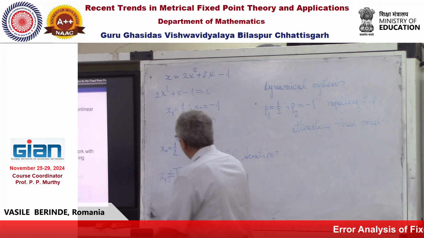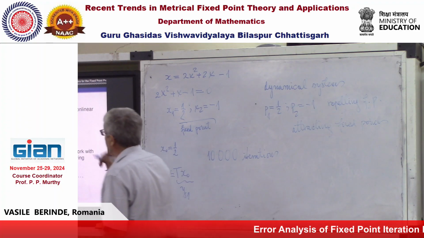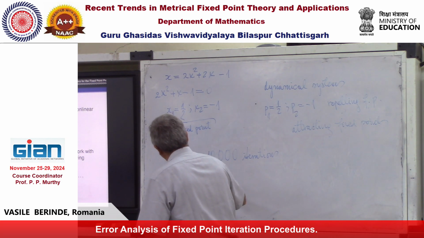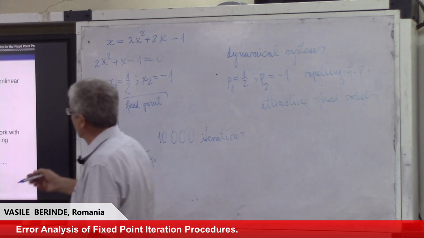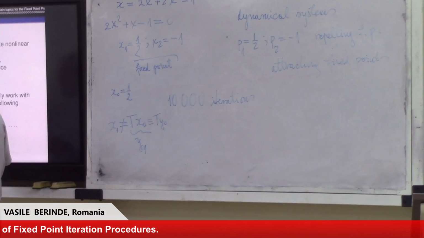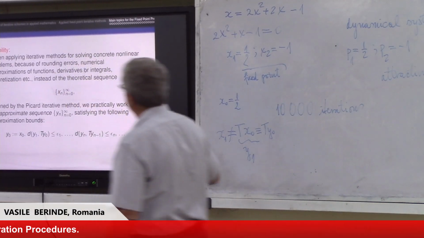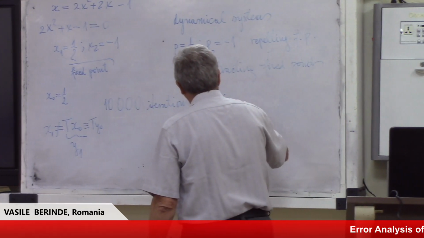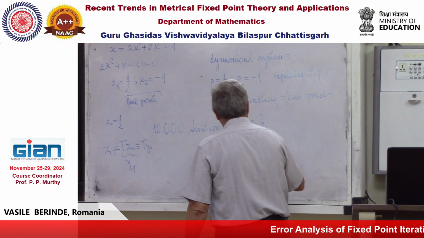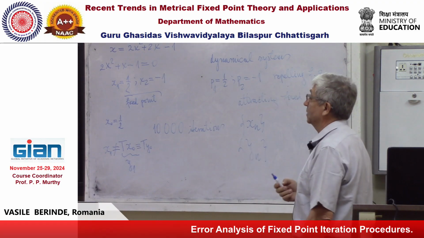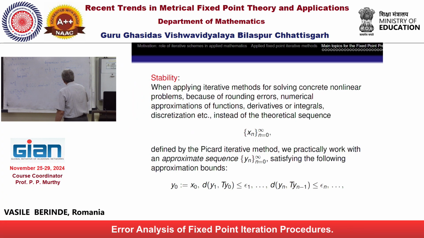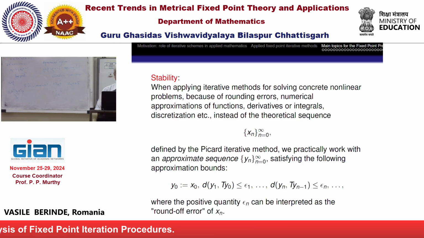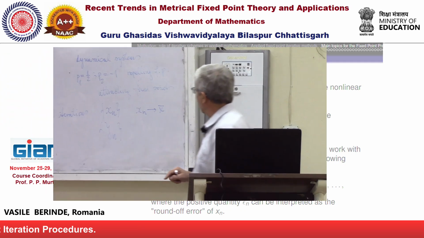Anyway, this y1 is close enough to T of x0, which is T of y0. So we have an epsilon 1 small enough, and all these conditions are satisfied. So here is the sequence xn, and here is the sequence yn. Because we are solving a fixed point problem, we know that this sequence converges to the fixed point. I don't know how I denoted it here, but suppose it is x.